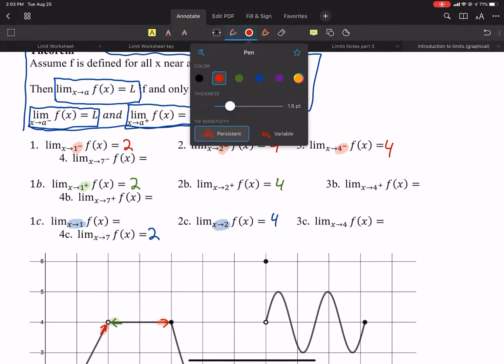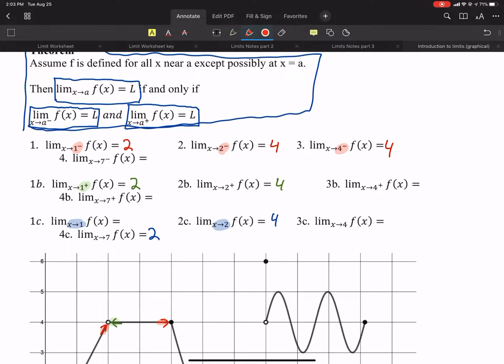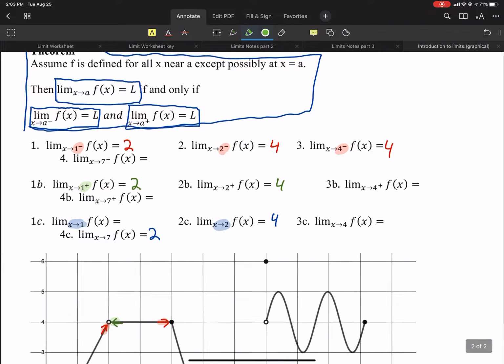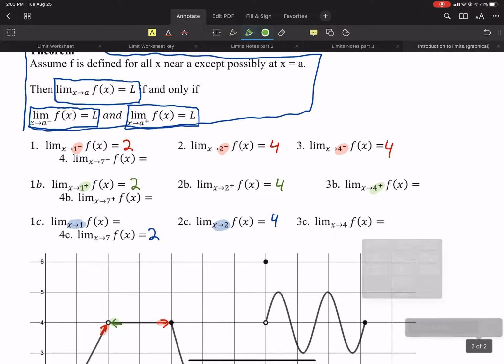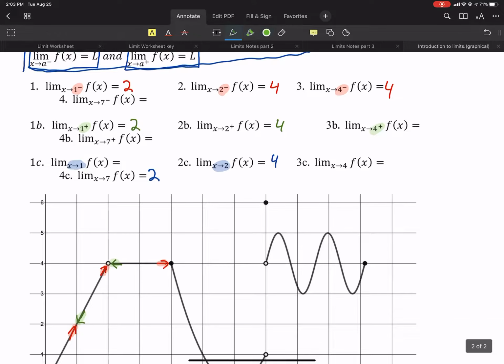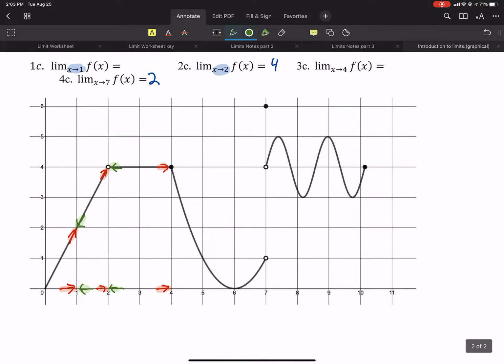We will go to green. Now I'm going to approach 4 from the right. All right, from the right of 4 is this side. And once again, I need to see what the y value does on that side.